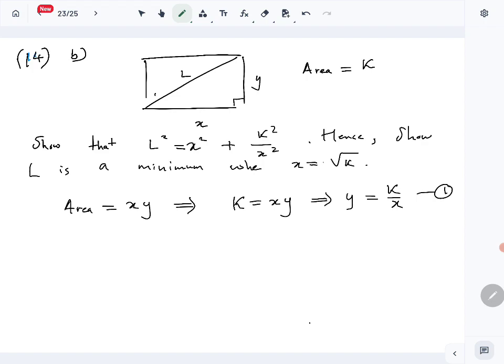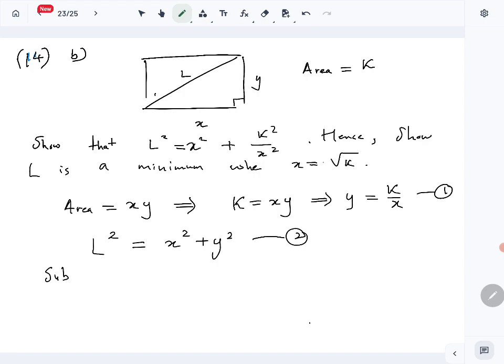Then using this right triangle, we can find a relationship between L, x and y. So using the Pythagoras theorem, L squared is equal to x squared plus y squared. That is our second relationship.